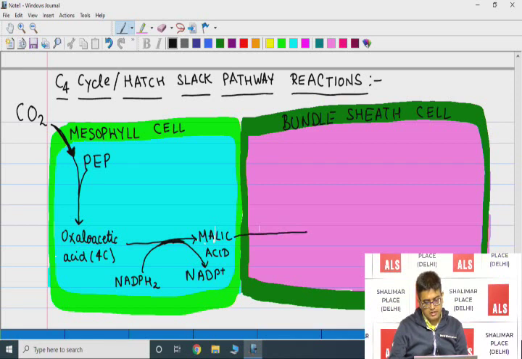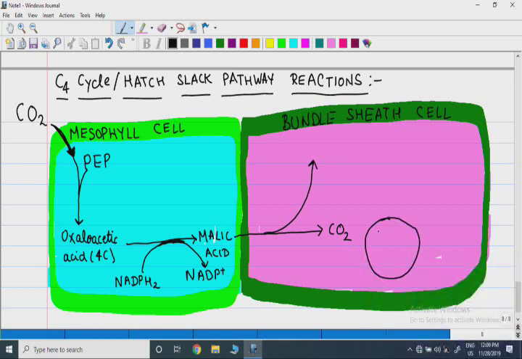This malic acid gets entry inside the bundle sheath cell, and here it gets decarboxylated. It gives out carbon dioxide. This carbon dioxide is now going to enter into the C3 pathway, called the C3 cycle or Calvin cycle.